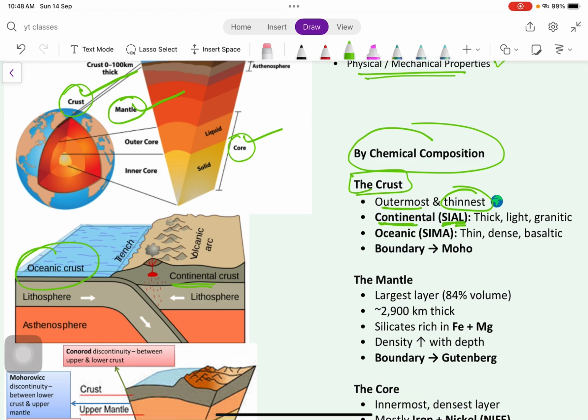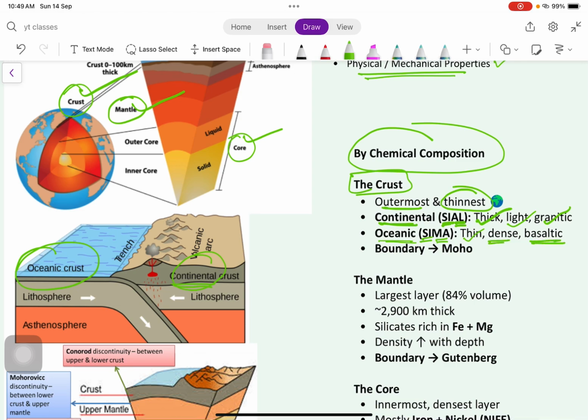The continental crust is thicker than the oceanic crust, and it is very light and made up of granite. And what happens in case of the oceanic crust? Oceanic crust is made up of silica and magnesium, and it is thinner than the continental crust, denser, and made up of basaltic rocks.